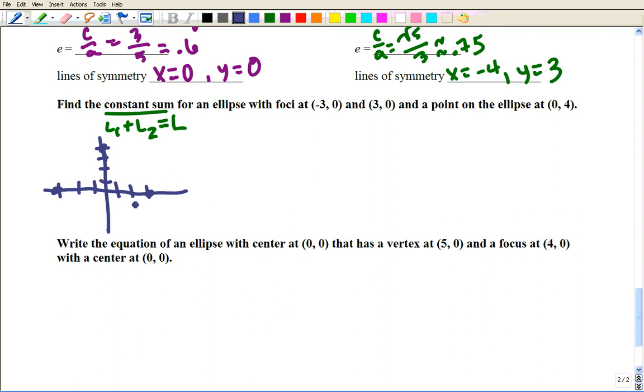So these are the foci. Remember, the outside edge of the ellipse doesn't go through them. The foci will never have anything going through it. But we can figure out that the center right here is at 0, 0 if you wanted to.